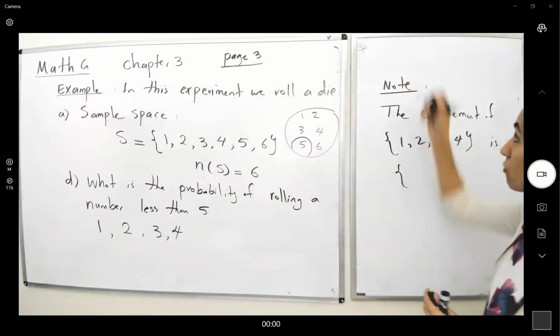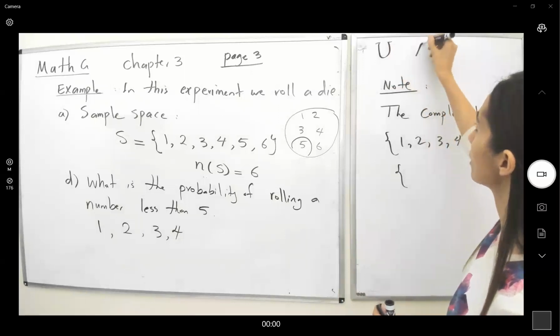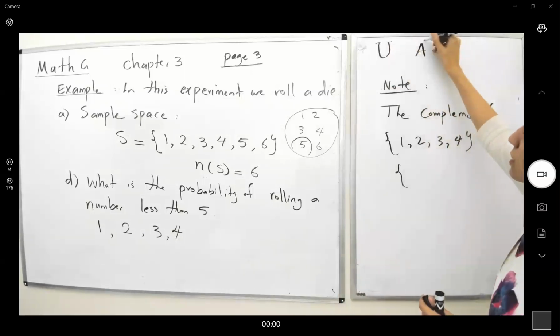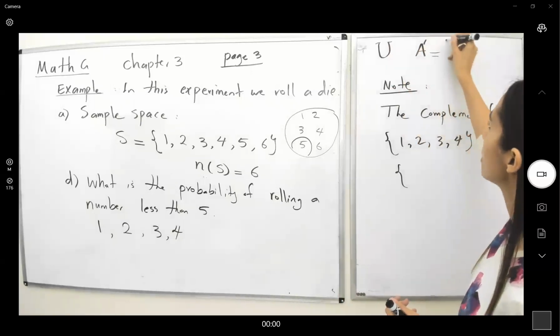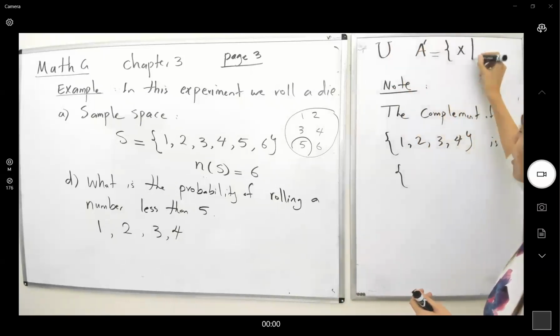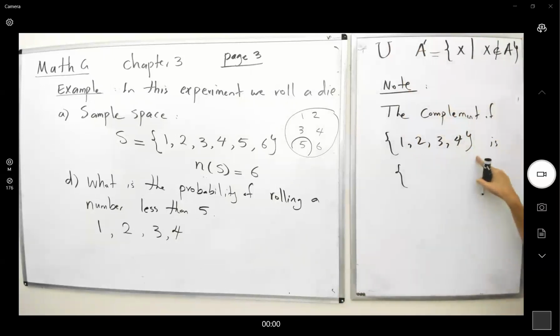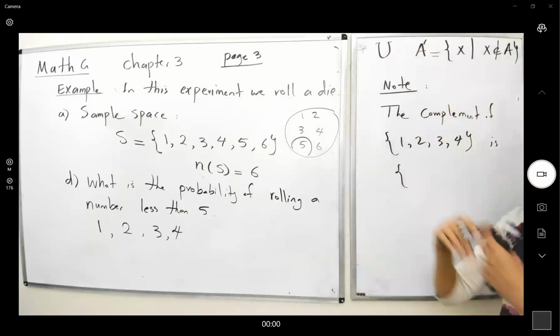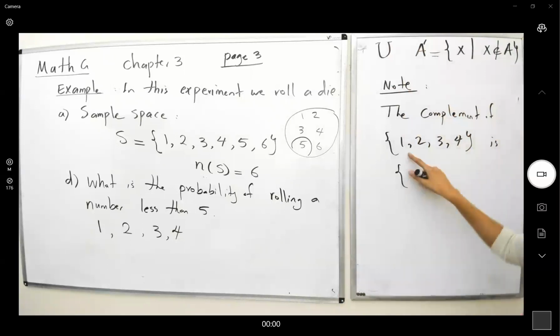Remember the definition of complement. If you have U as the universal set, and if A is a subset of U, then A prime, A bar, A complement is the set of all elements such that x is not a member of A. So the complement of this set is the set including elements that are not in this set.